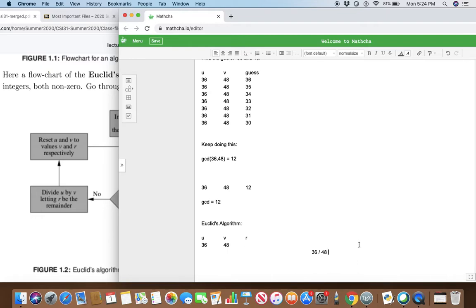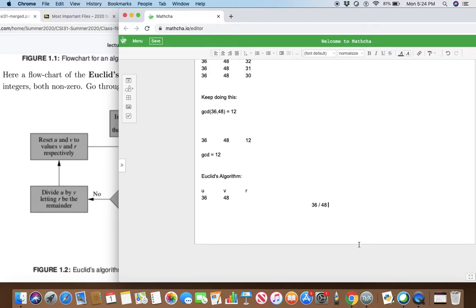Now, if I want to do this the long division way, you see what that means is you're going to have some kind of a picture like this. 48 is on the outside and you are going to have 36 on the inside. That's a long division. Okay, I hope this is clear to you.